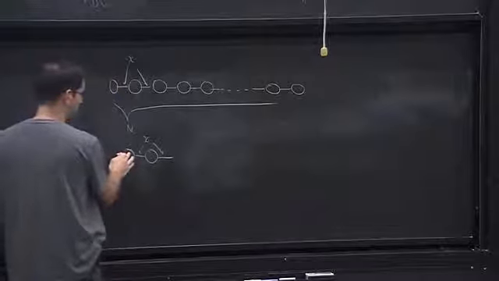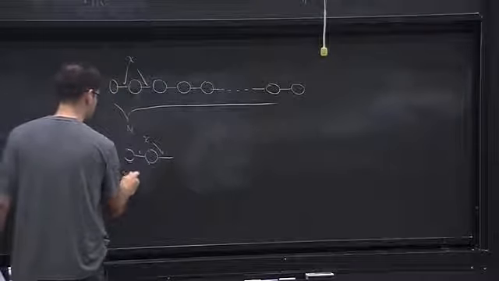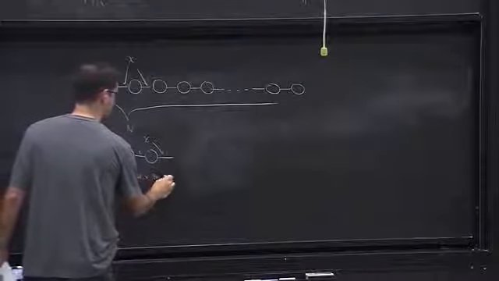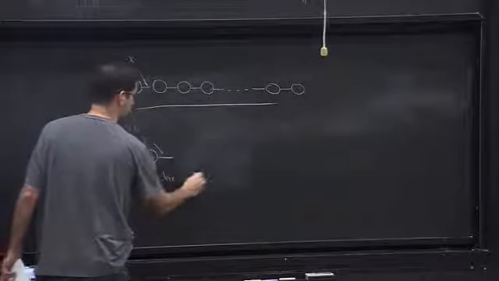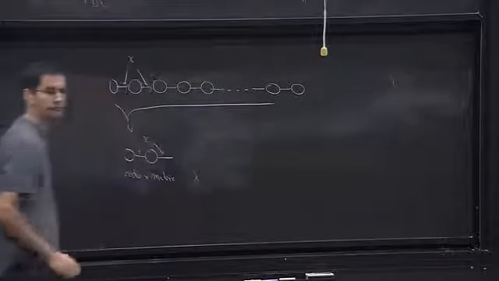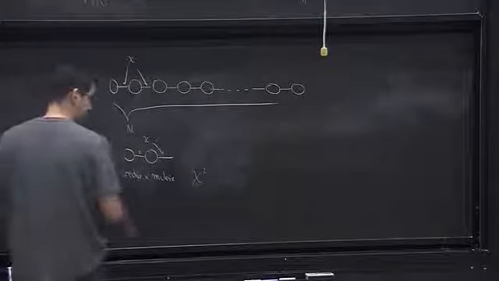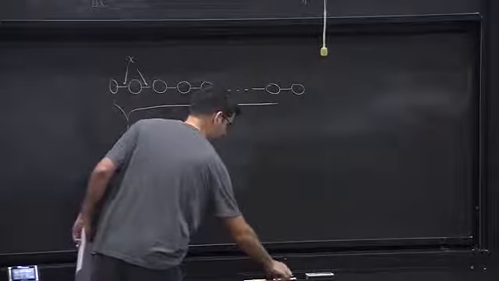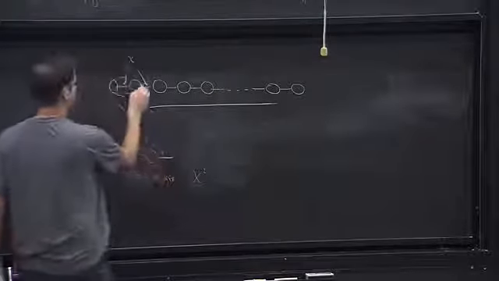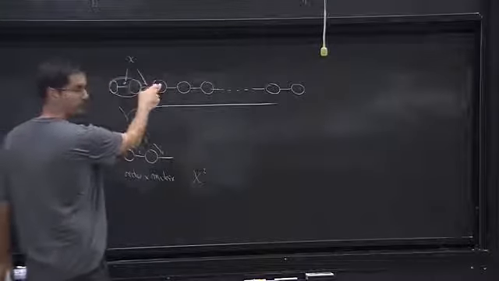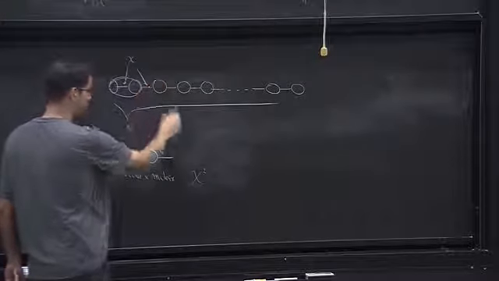Okay? So this takes chi values, and this takes chi values. And the cost of multiplying a vector times a matrix is only chi squared. Now, once you've multiplied these together, what you have is a vector, and then you can multiply the next matrix. And the cost is going to be chi squared.